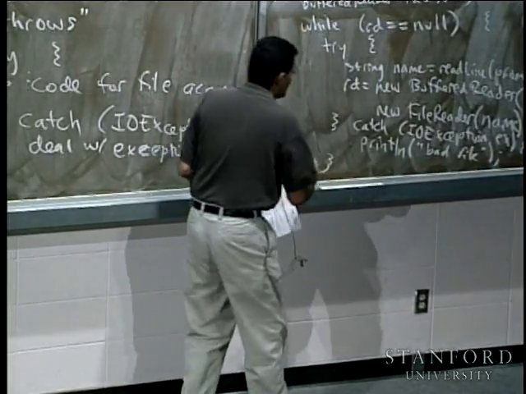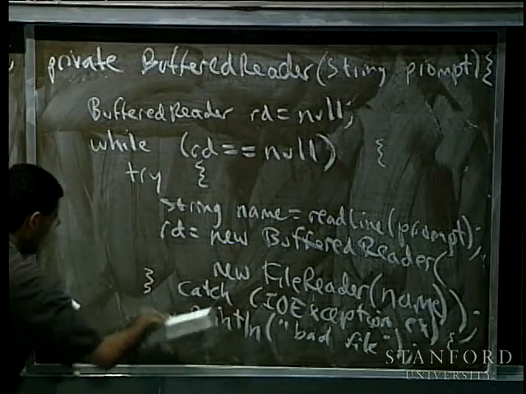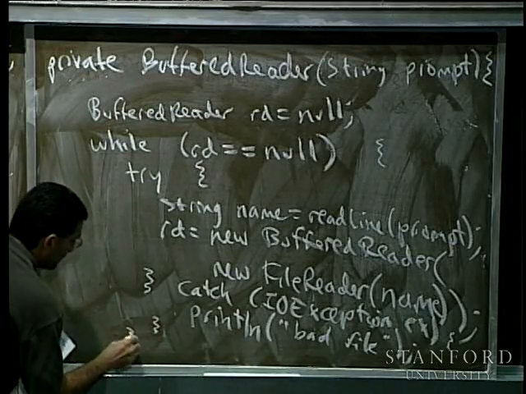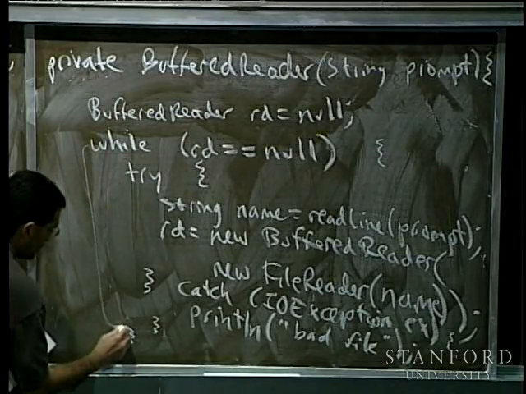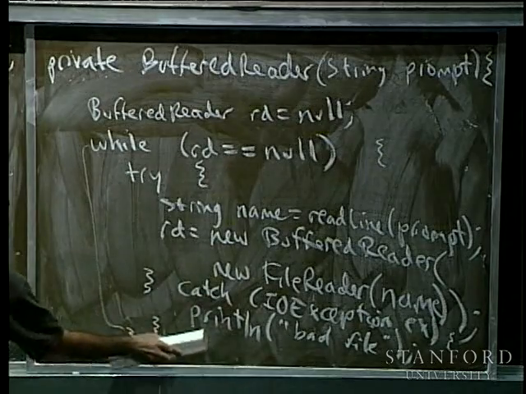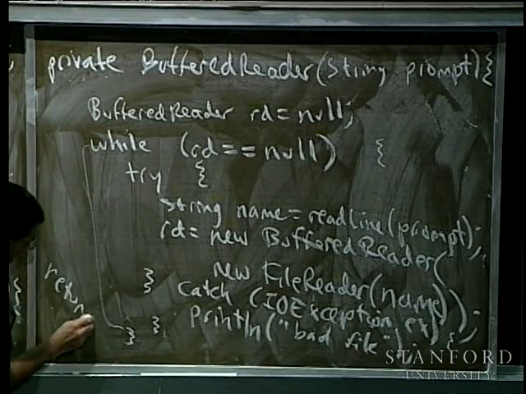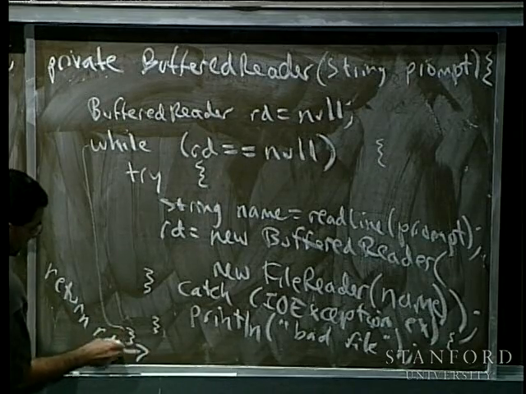And then I'm going to have a close brace here for the while loop, so this brace corresponds to the while loop. And if all of this works out, I'll write it right over here on the side. I will return RD. That line would go right down here.